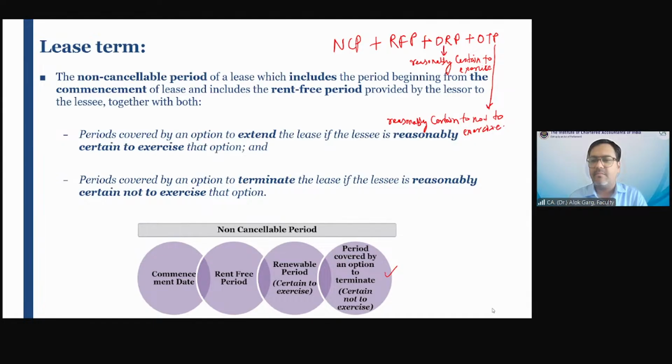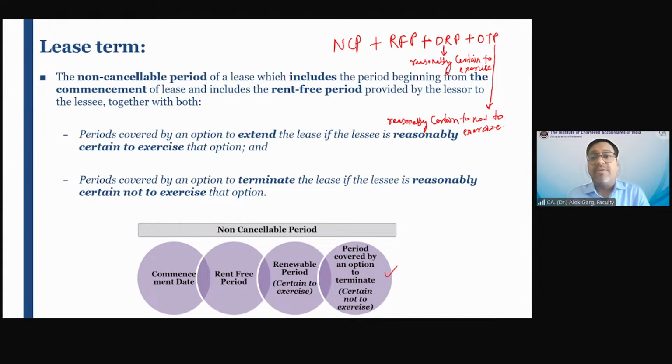It will depend on whether the lessee is certain to exercise that option or not. In this case, tell me, what is the rent-free period? 1 year. Plus, what is the non-cancelable period? 6 years. Plus, is there any optional renewal period? 0. Plus, is there any optional termination period?